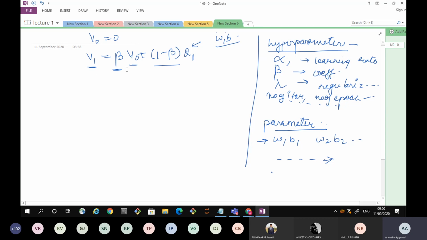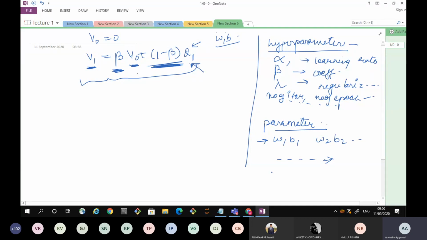Here our goal is to find out, first, how do we set this beta for our model, and secondly, what this equation is doing. This equation is calculating the average of the previous V and the current value of the parameter.